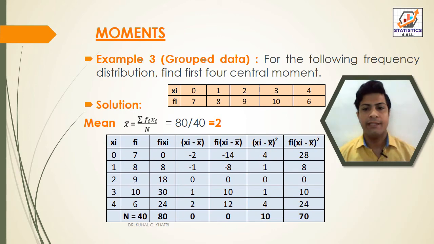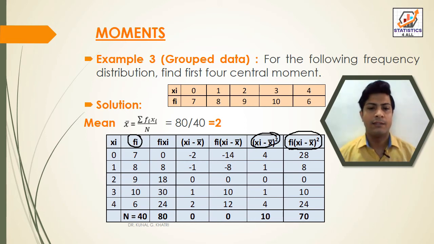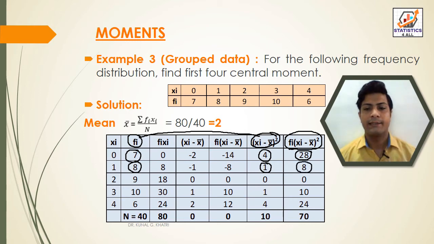So after finding xi minus x bar whole square, we'll find fi into xi minus x bar whole square. So we multiply this into this. So here 7 into 4, we get the answer 28. 8 into 1 is equal to 8.